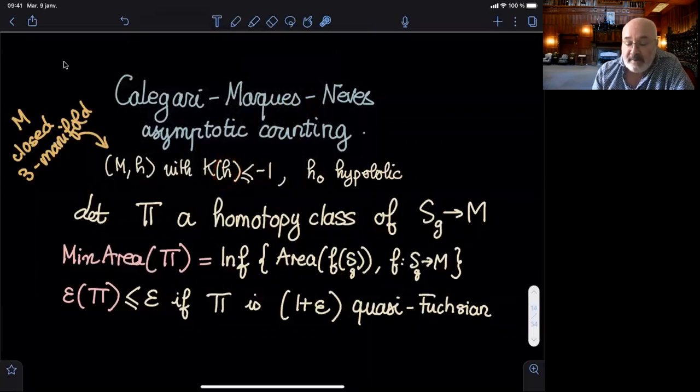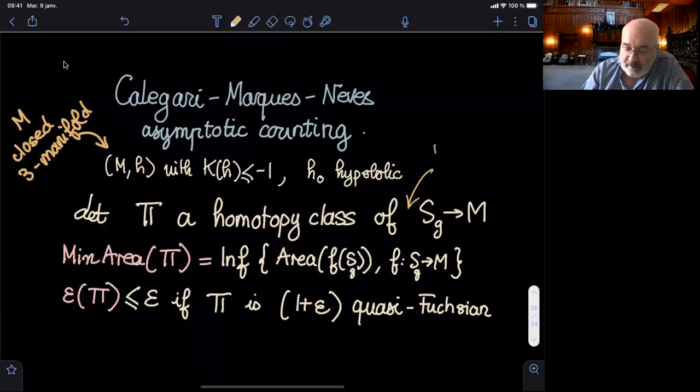And I will keep sticking to my notation: H0 is the hyperbolic metric. Okay. So now let's start with a homotopy class of maps from S_G into M. And maybe I should add that this is again an incompressible map.